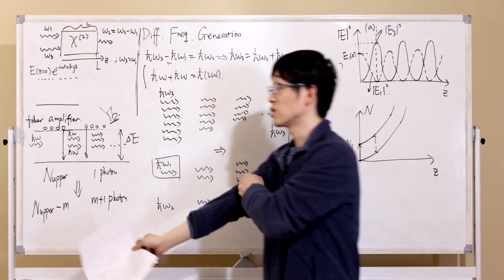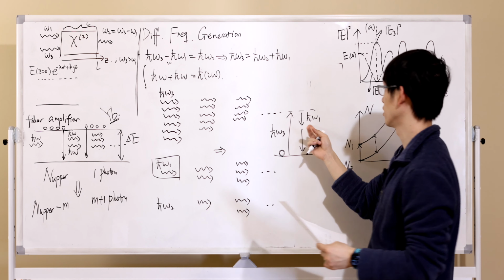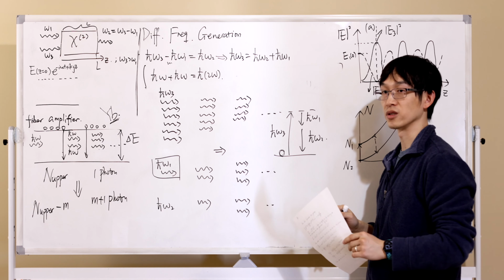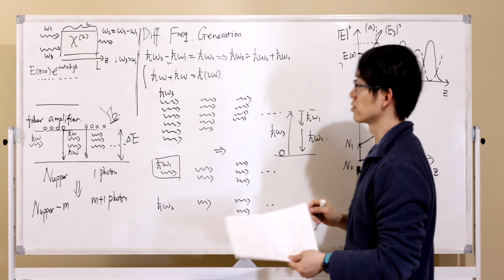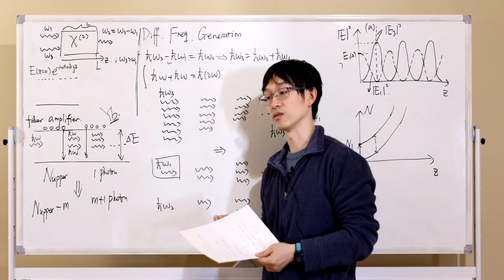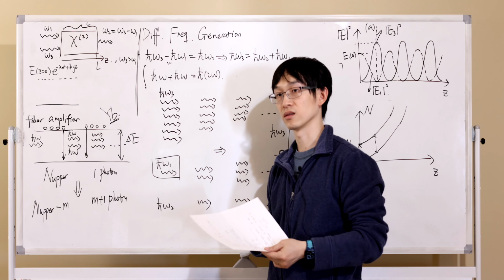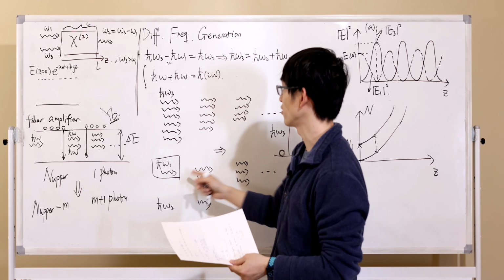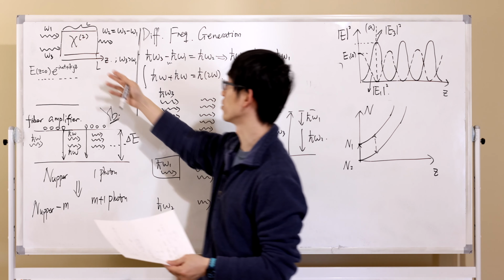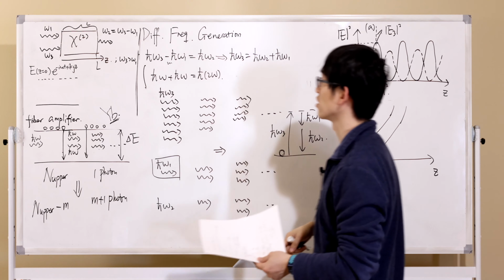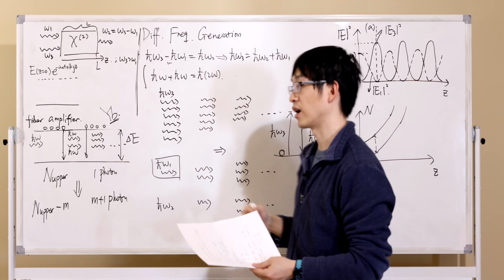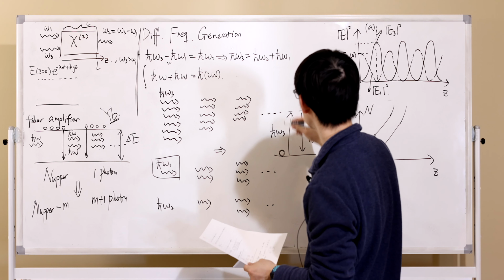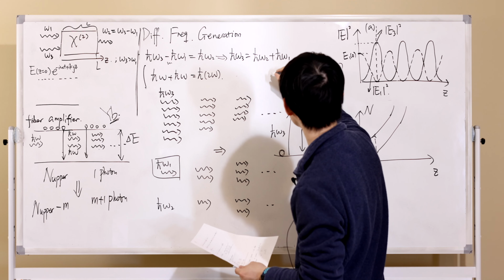So your parametric amplifier can be moved to any frequency, as long as you satisfy the phase matching condition. The only part you have to worry about is not what material you select, but how you can satisfy the phase matching condition.